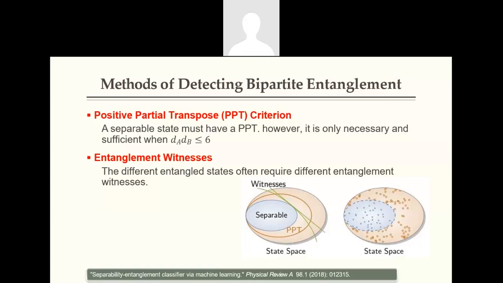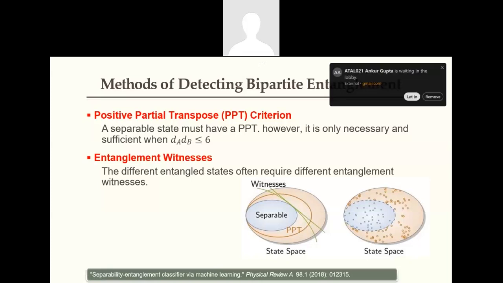An entanglement witness is a mathematical operator designed to detect a quantum state which is entangled. It works by identifying whether a given state is outside the set of separable states.